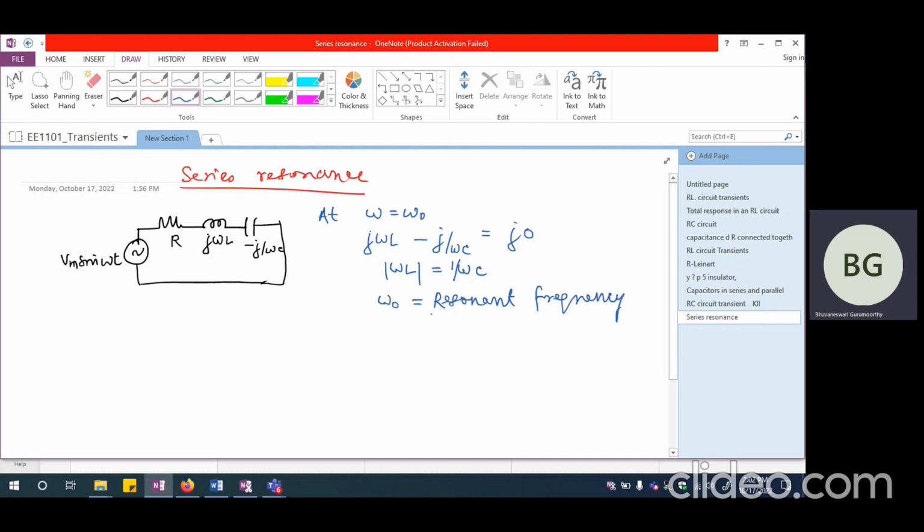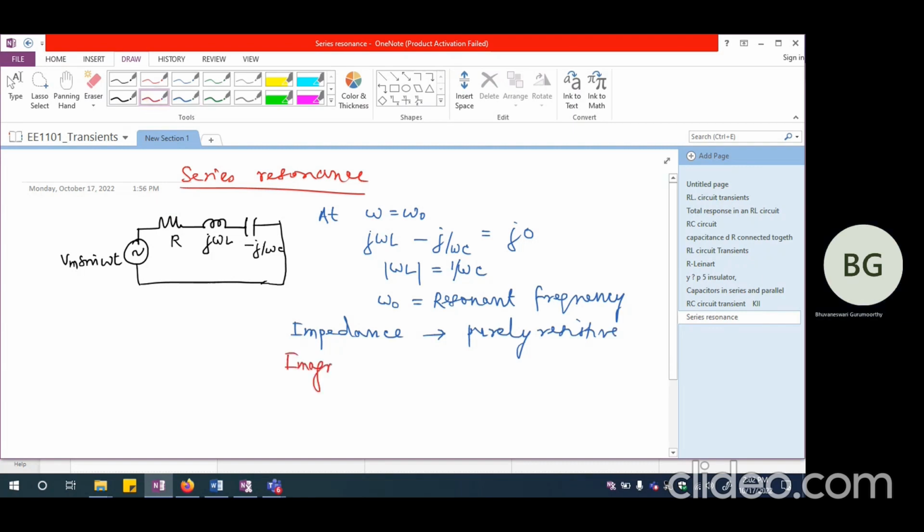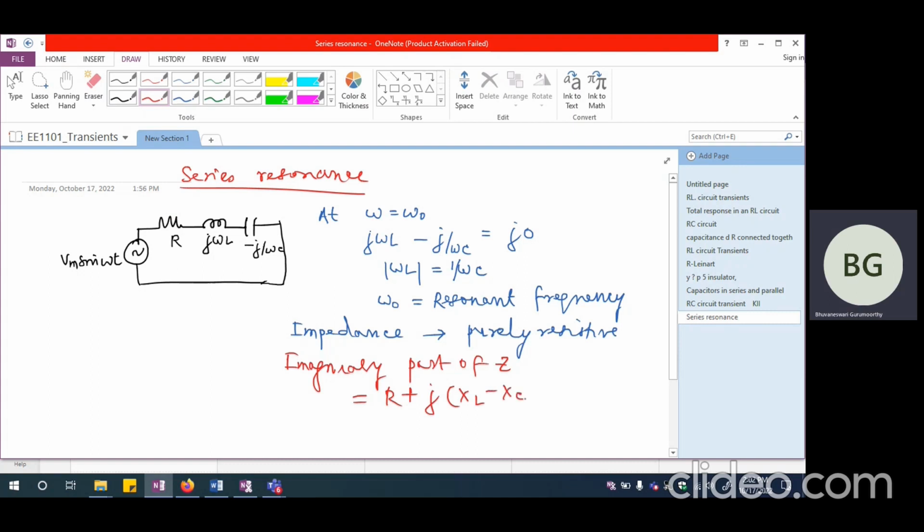At resonant frequency condition, the impedance is going to be purely resistive. The imaginary part of impedance, which is actually R plus j multiplied by XL minus XC or XC minus XL, is going to be 0.